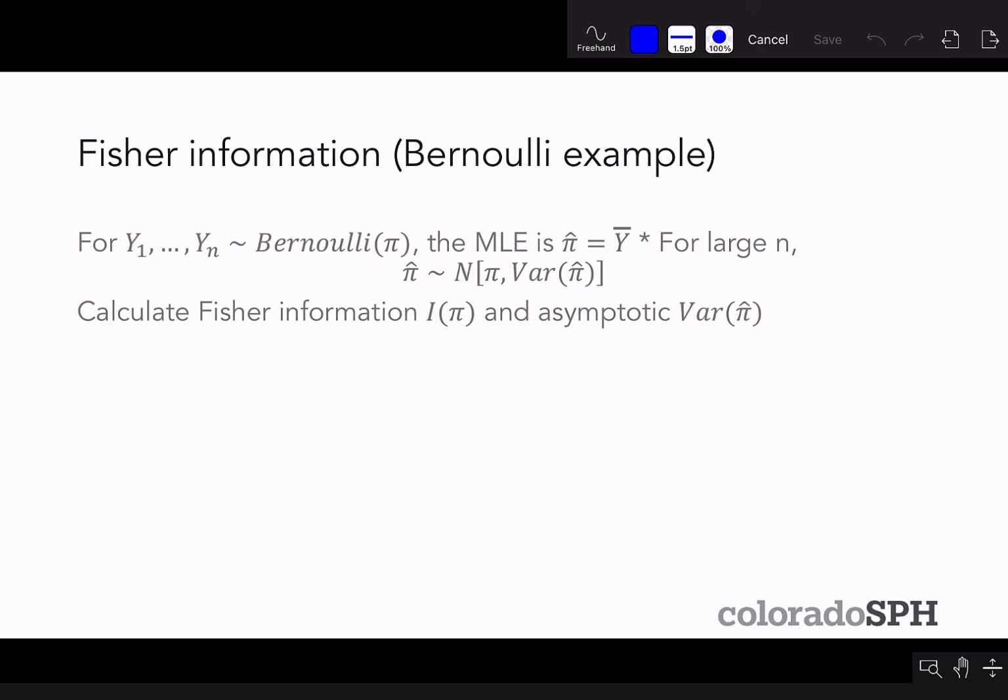So the expected Fisher information, which I'm going to call I of pi here, is the negative expectation of the second derivative of the log likelihood.